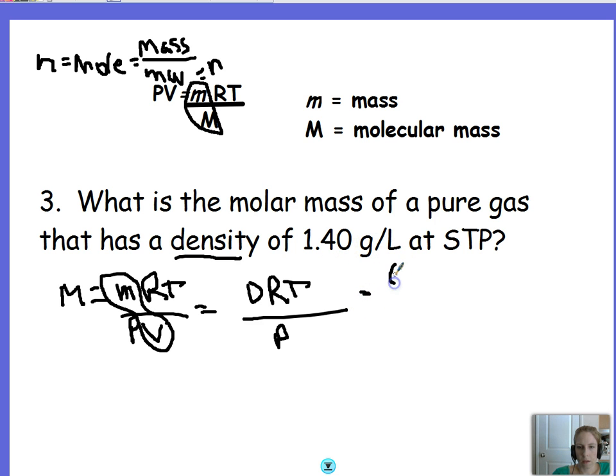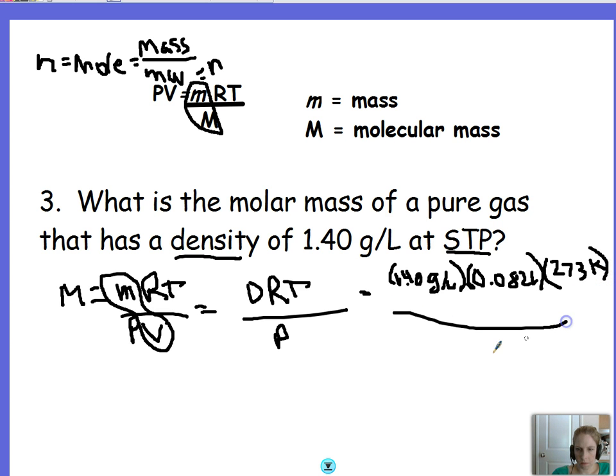So we have 1.40 grams per liter times, for STP, I am going to use atm for my R value, so it's going to be 0.0821. And then since it's at STP, that's standard temperature and pressure, I'm going to use 273 Kelvin.